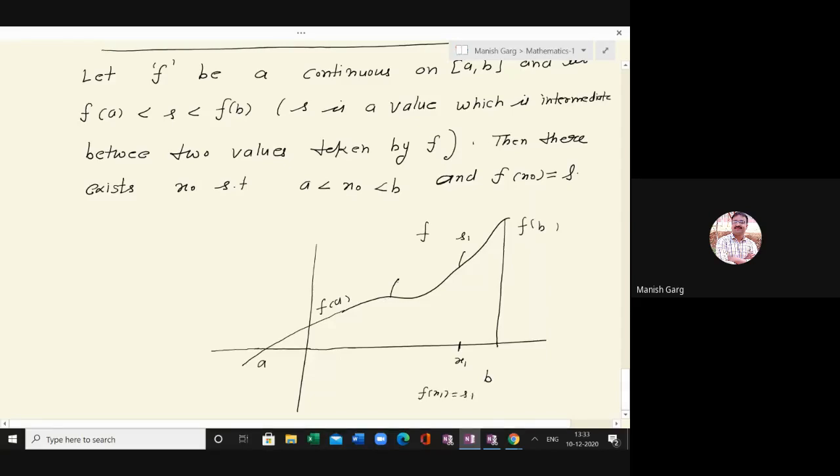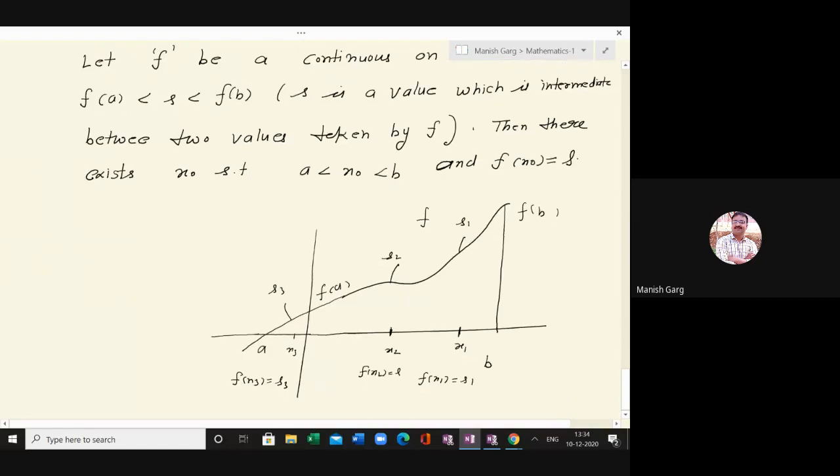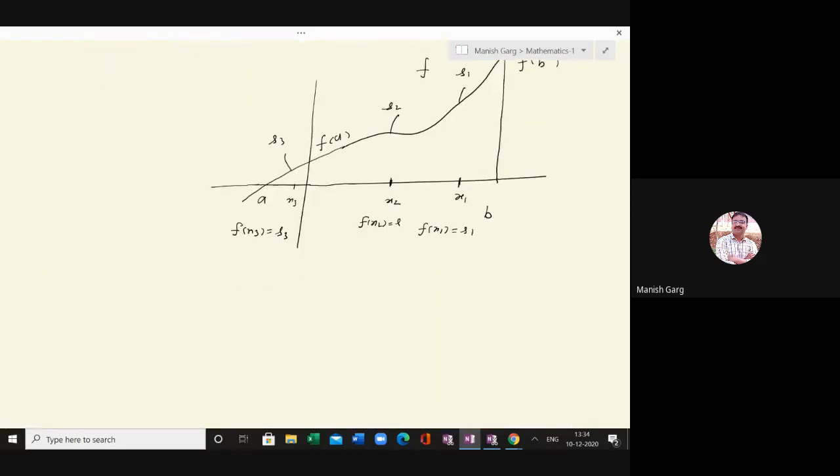Suppose here is S2. So there will necessarily be a point x2 where f(x2) will be S2. Same thing, if here is S3, any other point, there will be x3 which lies between a and b such that f(x3) is equal to S3. So this is the IVP. If anybody has doubt, ask me about IVP.